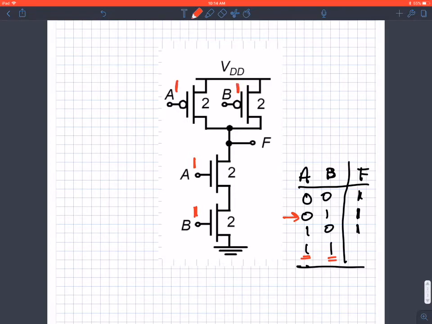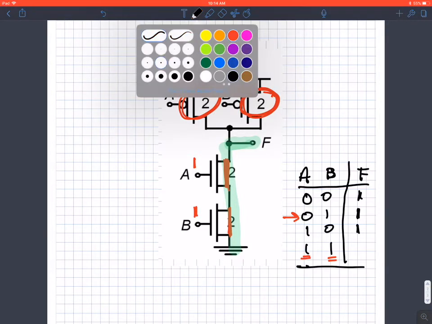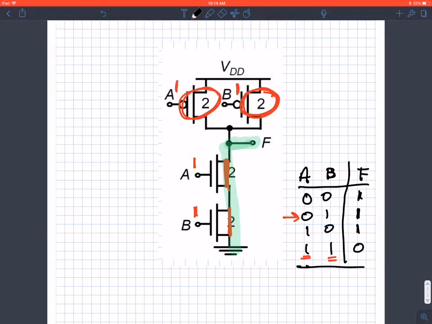We ask ourselves, what are the transistor configurations? Both these are zeros. Both these are 1s. Because there's a bubble there, this opens that circuit. It acts like a high impedance. All right, same thing here. These are both shorts because the 1 closes these transistors. So we ask ourselves, where is there a path to VDD or a path to ground? There's a path to ground in this case, and so the answer is that this would be a 0.